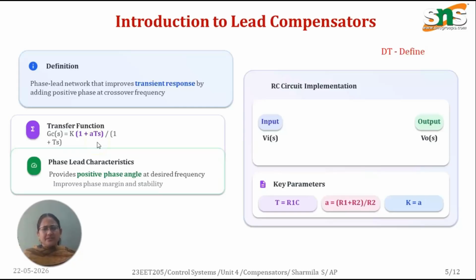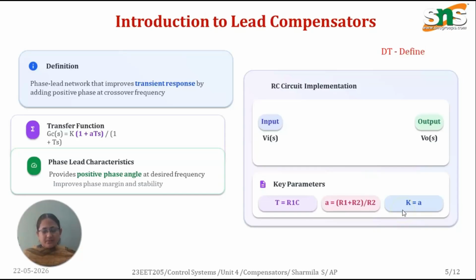The lead compensator can also be implemented using an RC circuit, and the important parameters are T = R1C, a = (R1 + R2)/R2, and K = a. Because of the phase lead introduced, the system becomes faster and more stable.